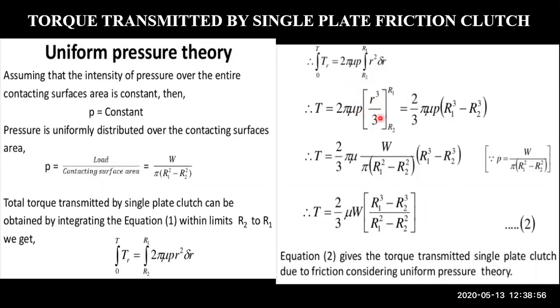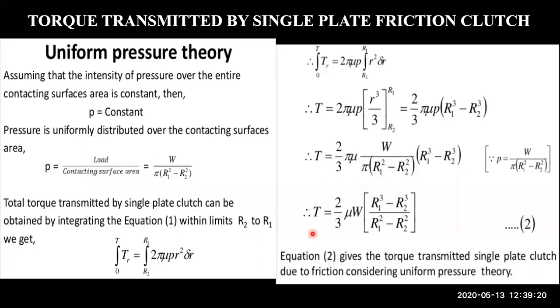Once you integrate this, you'll get an equation of this fashion, that is r1 cube minus r2 cube. And then for P, we have defined the generalized formula, so substitute it in the same form, and simplifying you will get this equation.